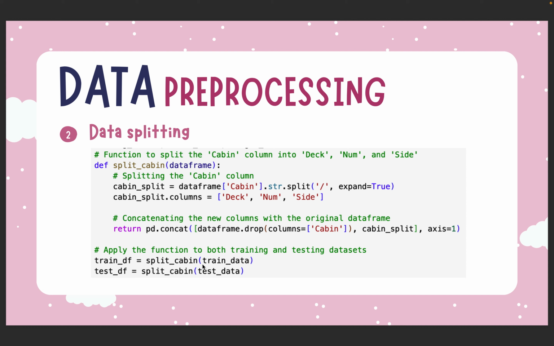Next part is data splitting. So we split the cabin column into deck, num, and side. Before the splitting, we have only the cabin column, and now we get 3 columns after data splitting.